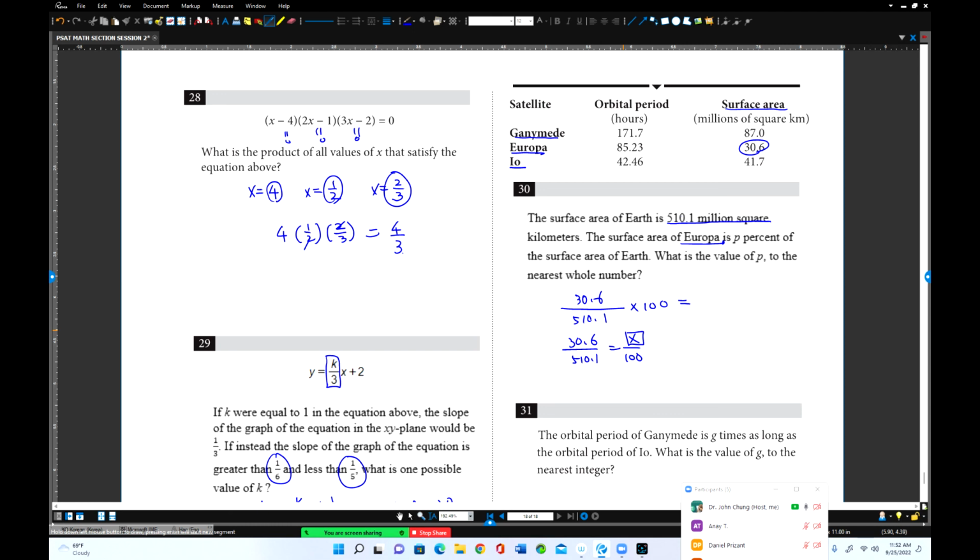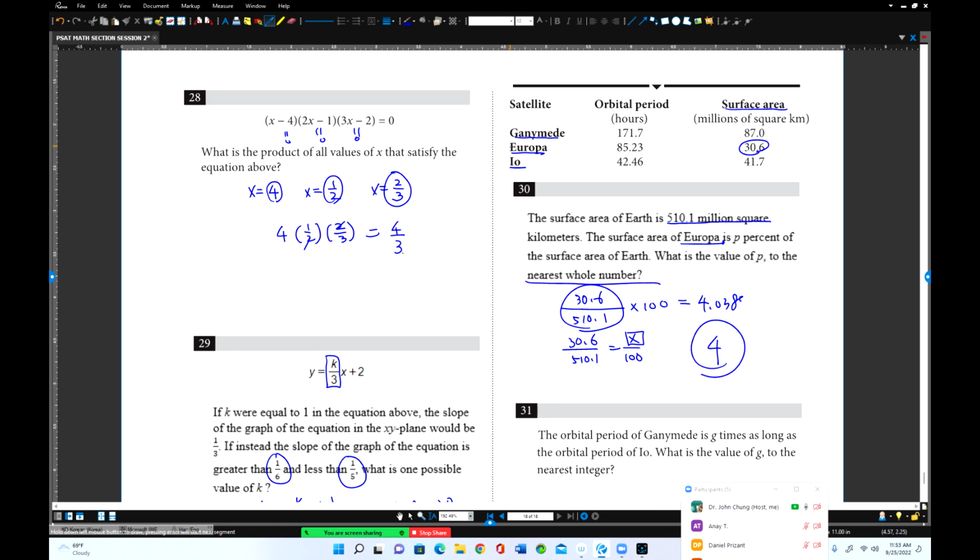But I like this one, because when you have a fraction and multiply by 100, it gives us the percent number. So now let's find 30.6. You have to use a calculator. Divided by 510.1, after that you multiply by 100. It's going to be 4.038, which is 4%. That's when you find the nearest whole number.